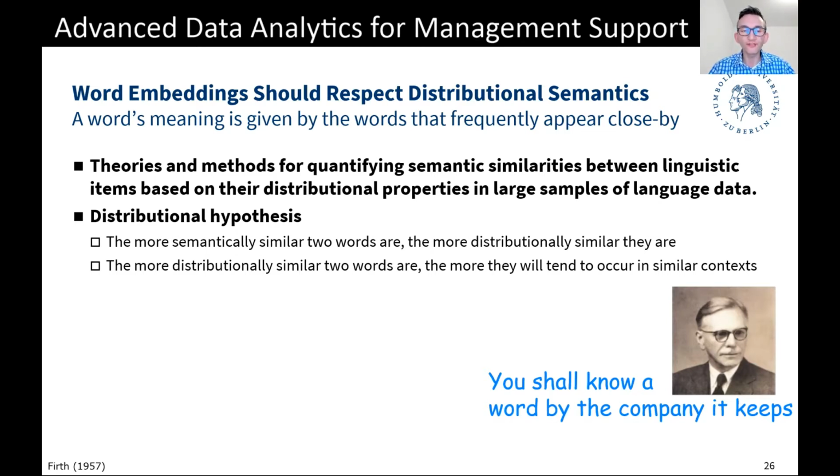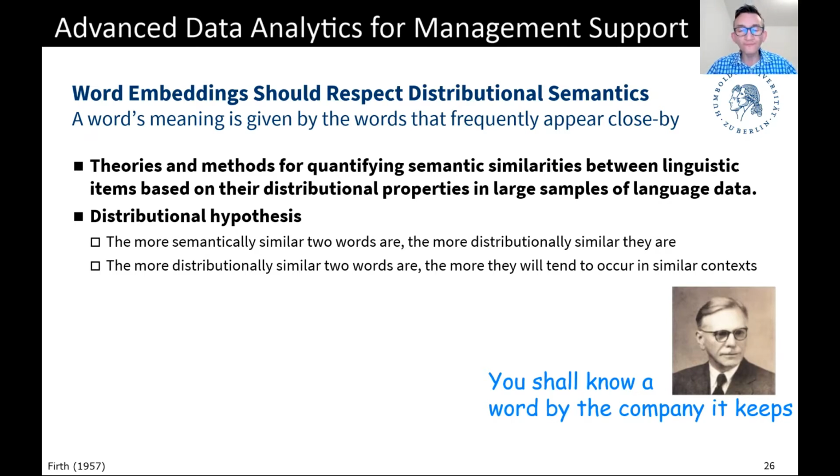That's what the hypothesis predicts. They should exhibit similar distributional properties if we analyze this large bunch of text.